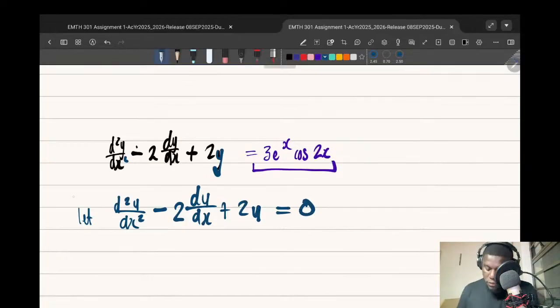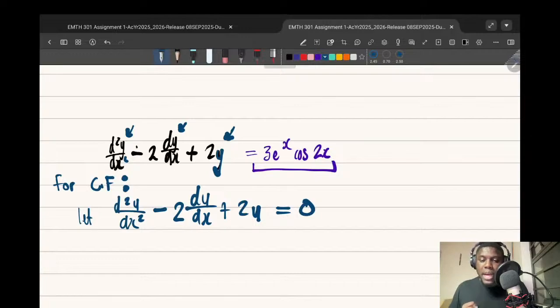This is for the complementary function, the first thing. Wherever there is y, we put u. So d2y becomes d2u, dy dx becomes du dx, y becomes u, but it will be equal to 0. That's the first part. We find u.